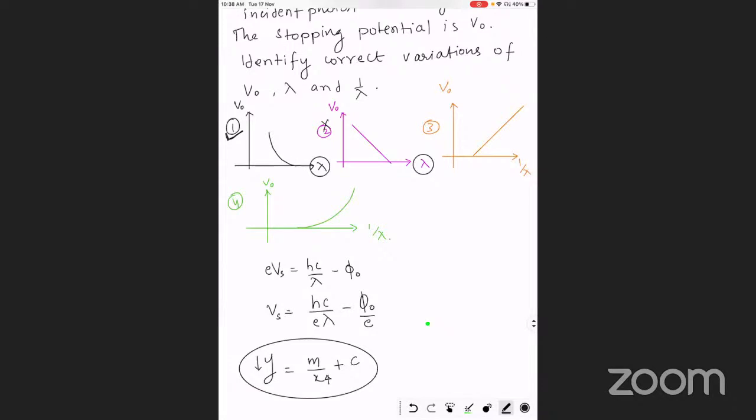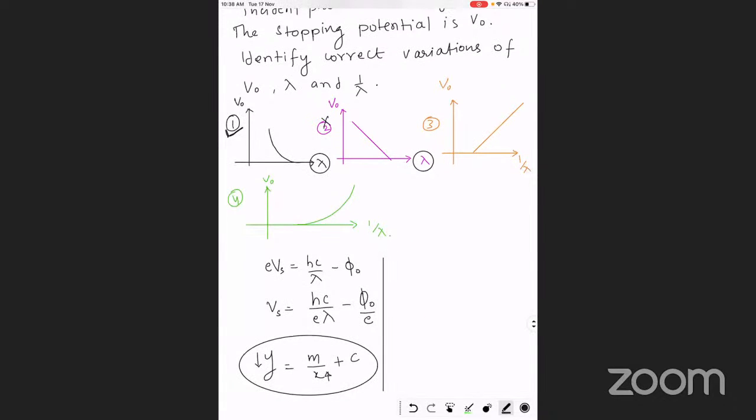Okay. Now in this situation, we will take 1 by lambda as x, hc by E lambda. I should write into 1 by lambda separately. Now I'll write 1 by lambda as x, and y at the place of stopping potential is equal to mx plus c.